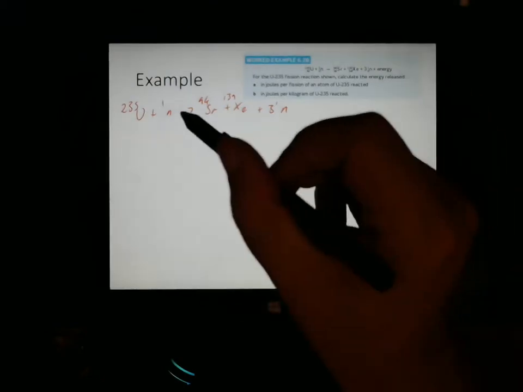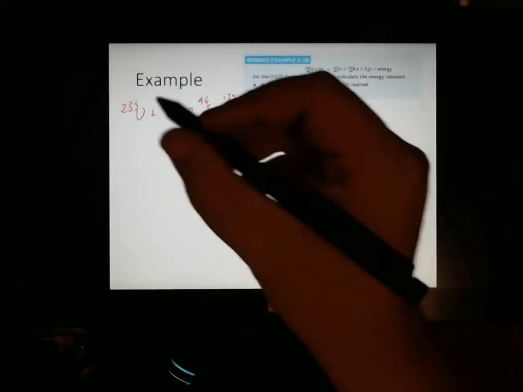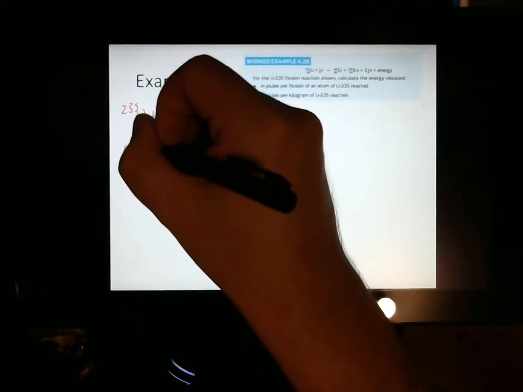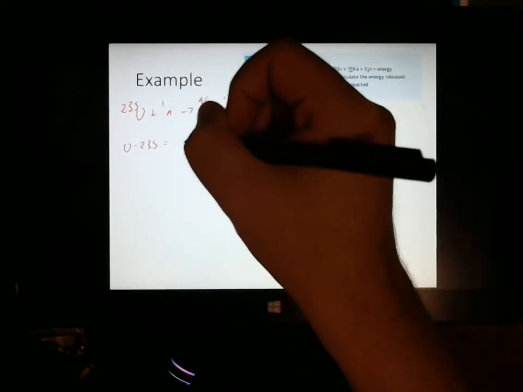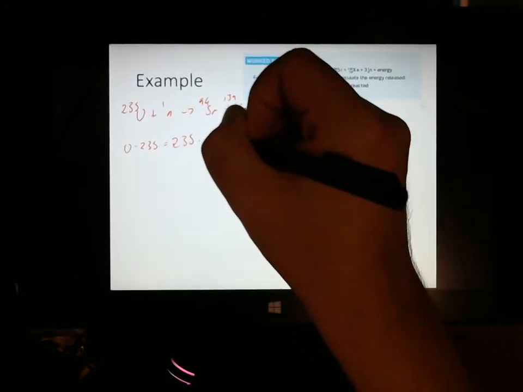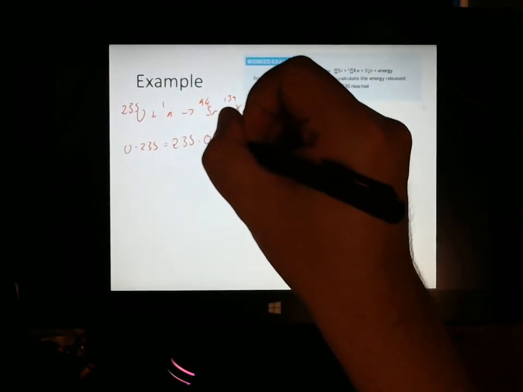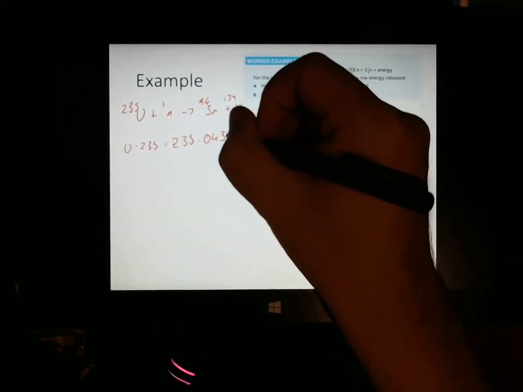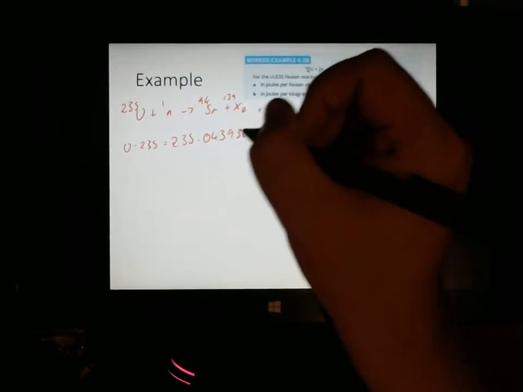So we need the masses of these bits. So the mass of uranium is equal to 235.043930 u.